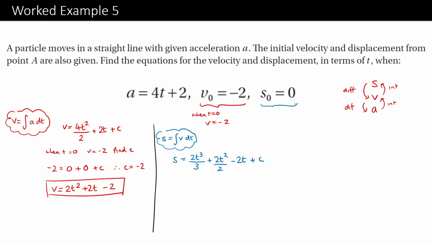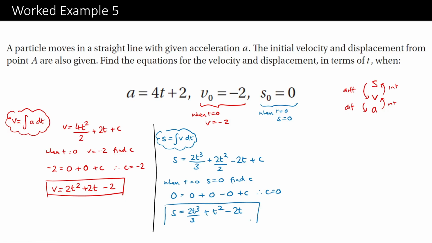Then using the second bit of information, when t equals 0, s equals 0, so 0 equals 0 plus 0 minus 0 plus c. Therefore c equals 0. So the formula for s is 2t cubed over 3 plus t squared minus 2t, and that is my final answer for that one.